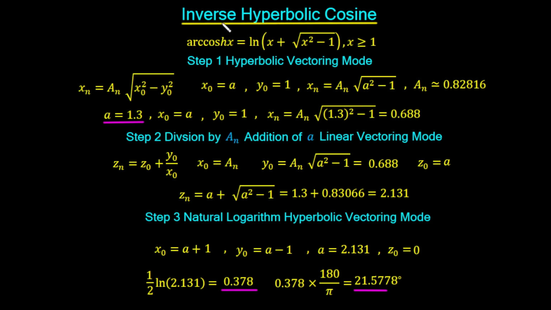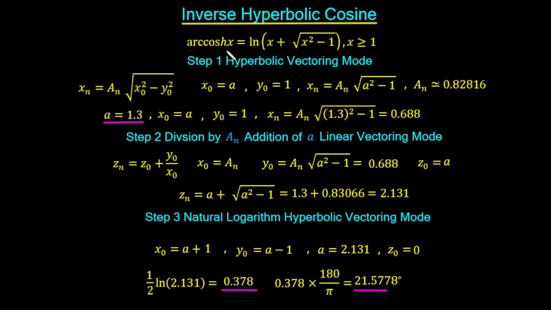Again, we're going to use an identity in order to generate this. The identity is arc cos of x is equal to the natural log of x plus the square root of x squared minus 1, and this is true for x greater than or equal to 1.